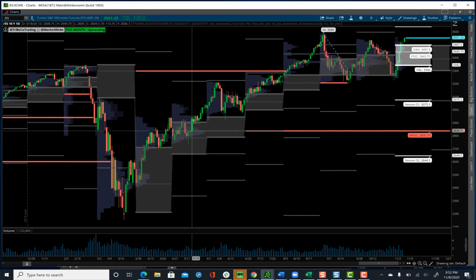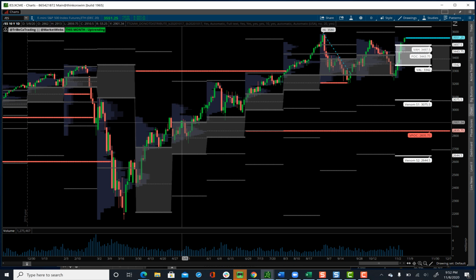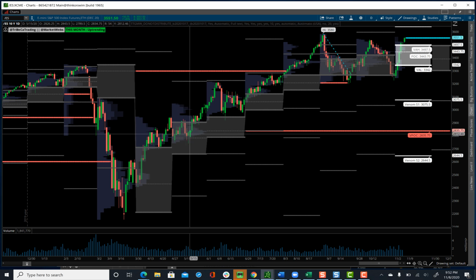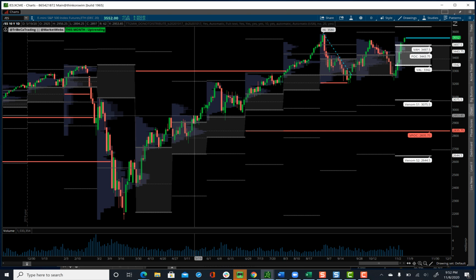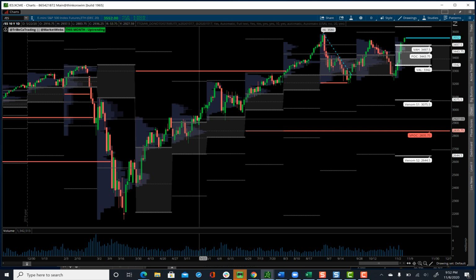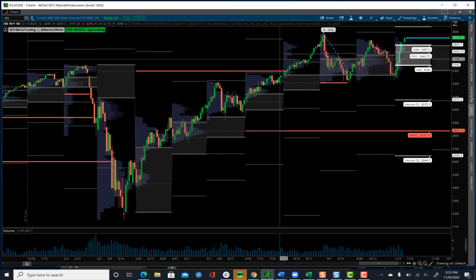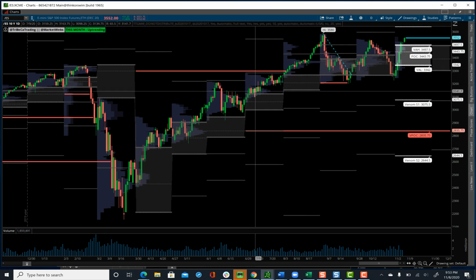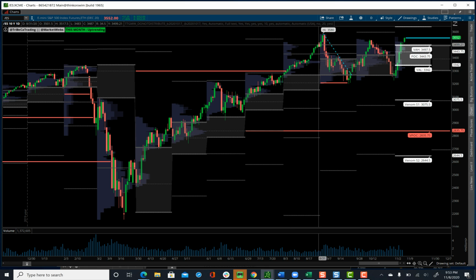This was back in May where we came in and tested the top of value. So that would be a place, in my opinion, to take a target. As we dip back in, now we're range bound again. And once we got out of value, you could see that there was a bit of consolidation, and then we started to really trend. You could see price above value really starts to trend from there.